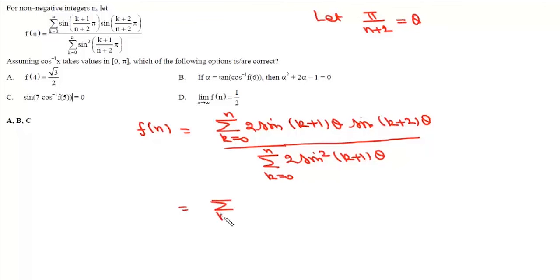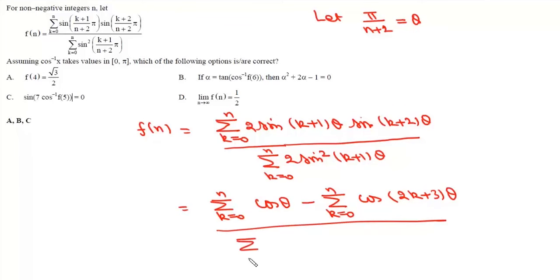So it will be the summation, k varies from 0 to n, of cos(A minus B), so it will be (k+2)theta minus (k+1)theta, which is simply cos theta, minus the summation, k varies from 0 to n, of cos(A plus B), which is (2k+3) theta, and the denominator will be the summation, k varies from 0 to n, of 1 minus cos 2 theta, so it will be cos 2(k+1)theta.